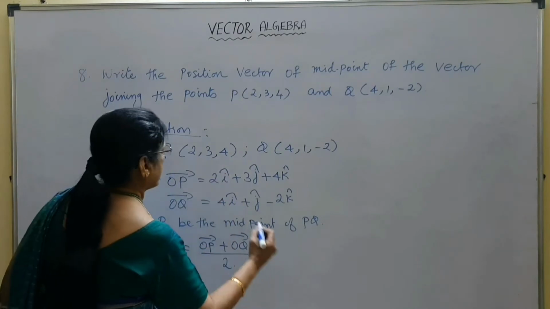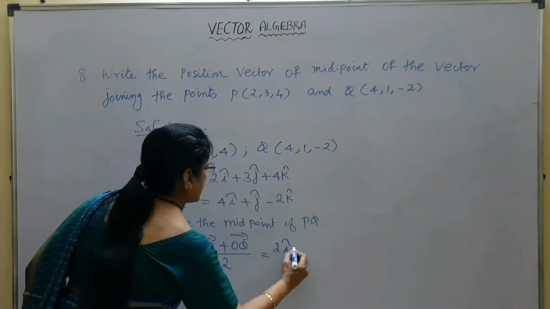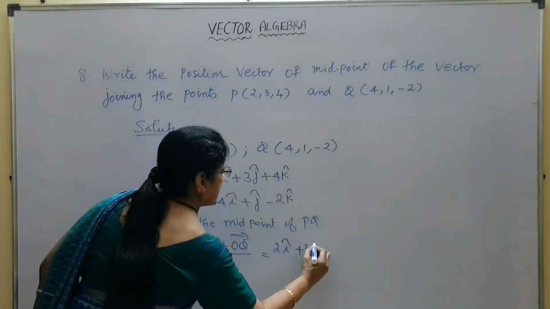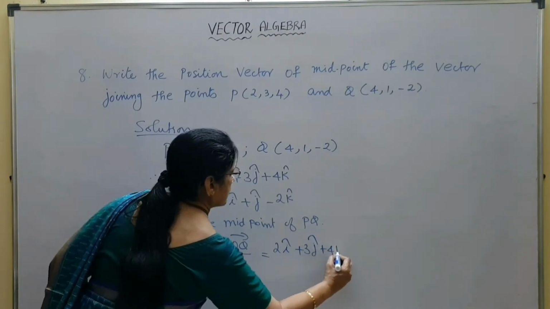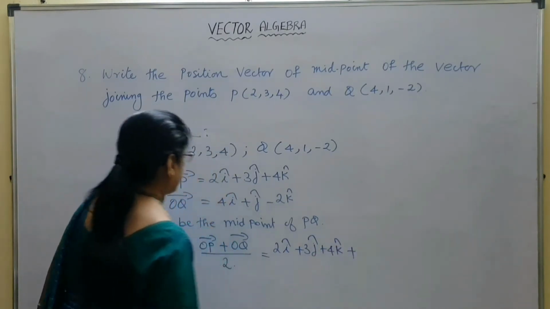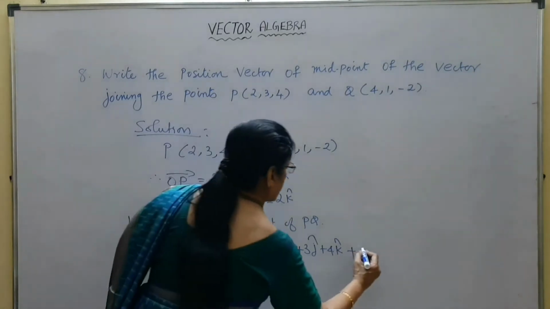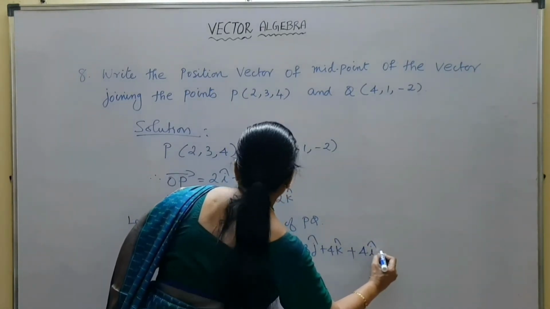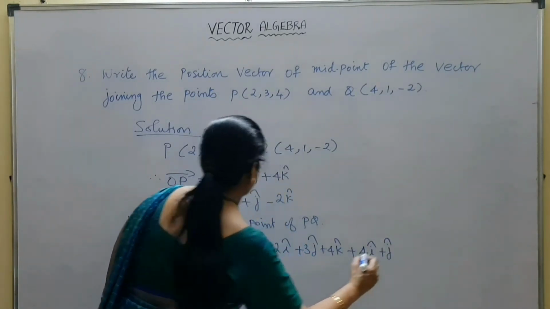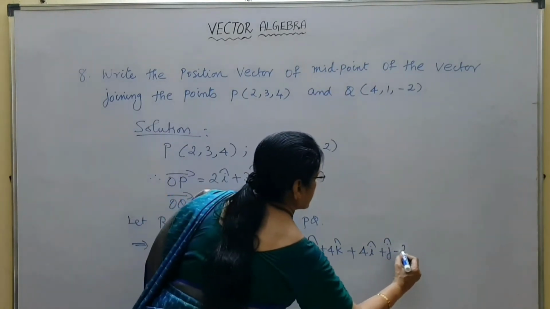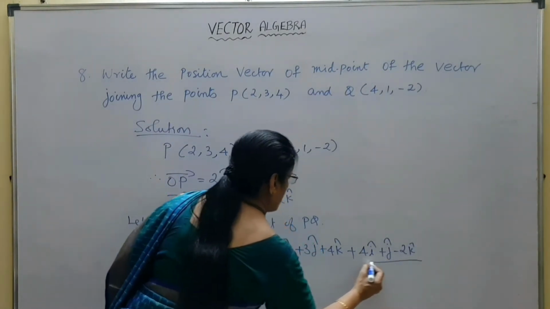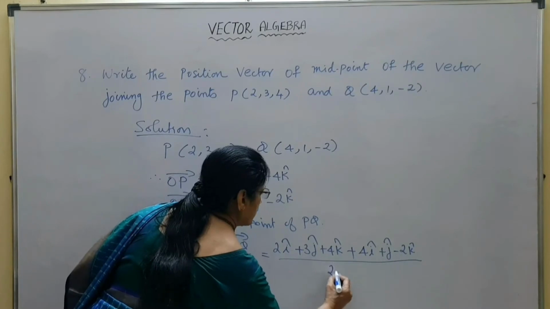What is OP? 2i cap plus 3j cap plus 4k cap, plus OQ here is 4i cap plus j cap minus 2k cap, whole divided by 2.